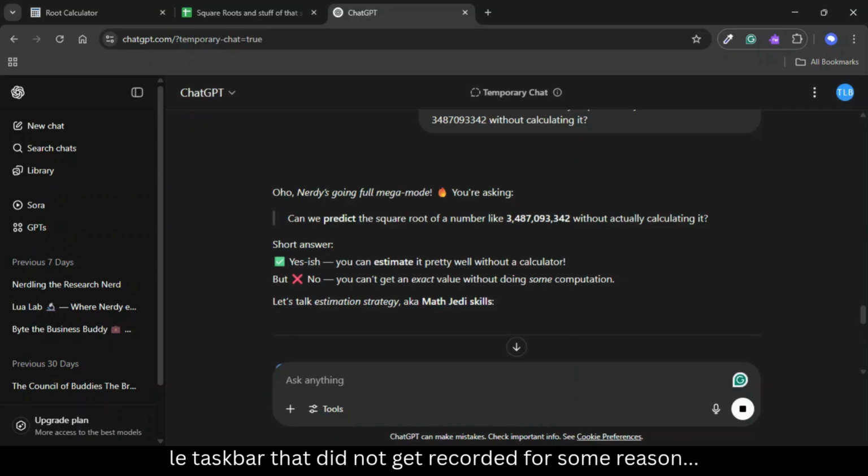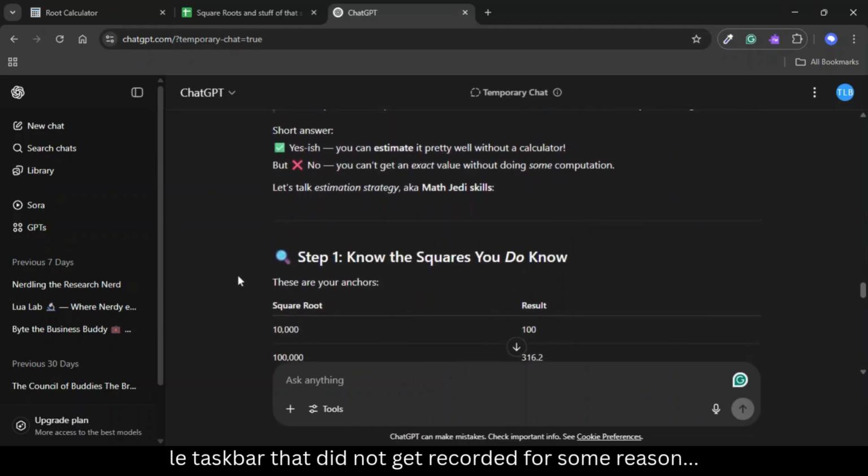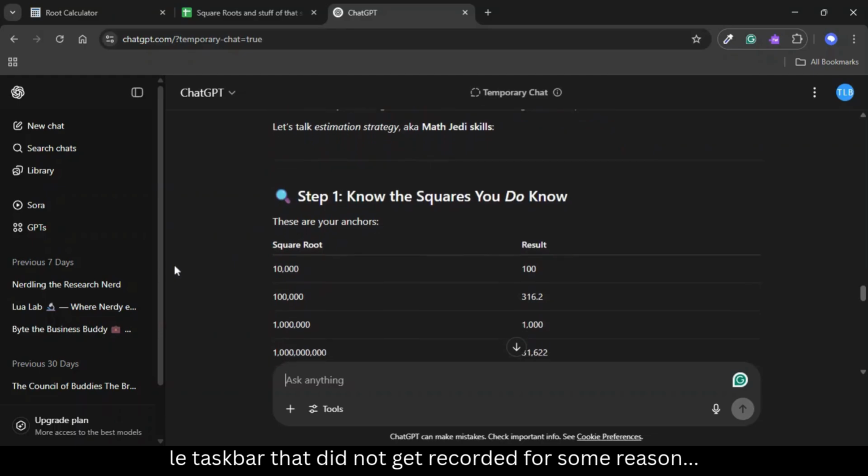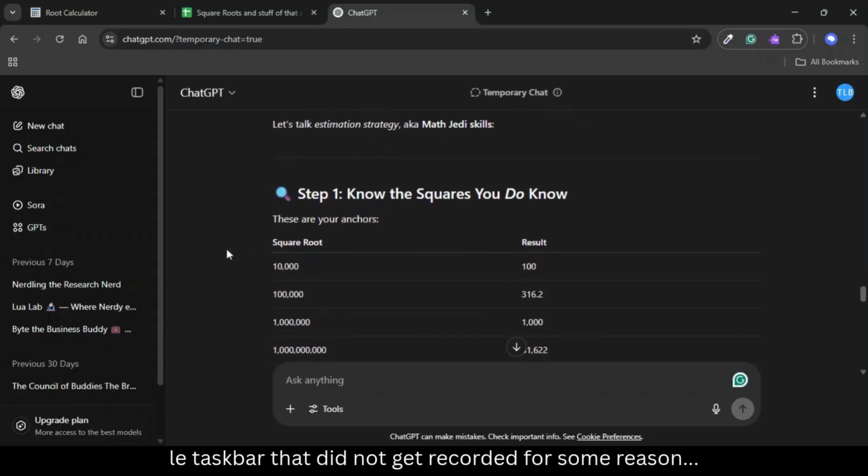I just spammed those random numbers. Math, so cringe. No, the squares you do know.